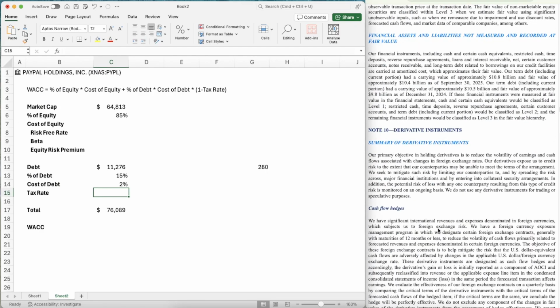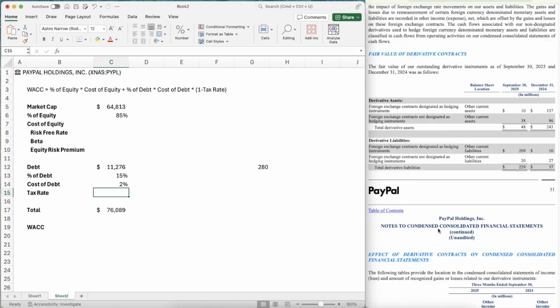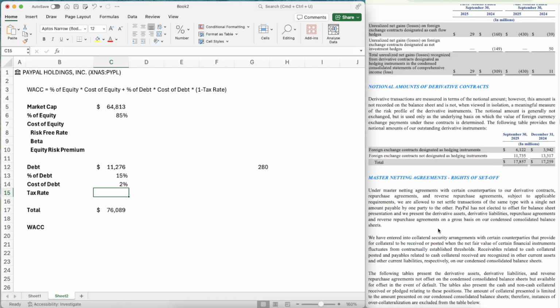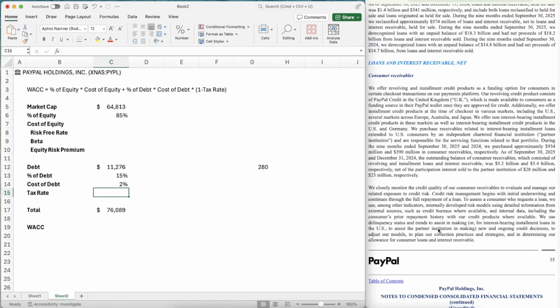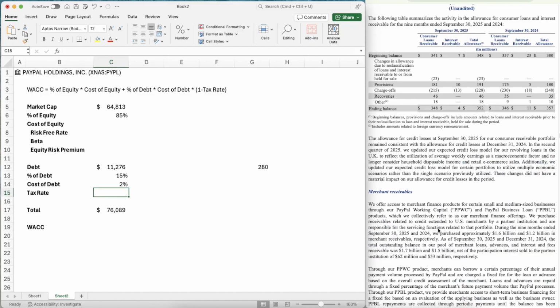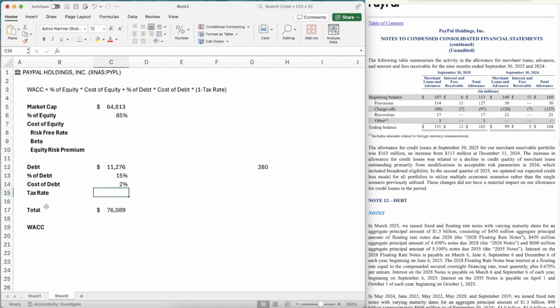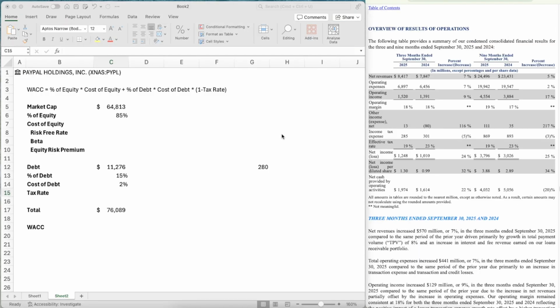Look at income tax. Yeah, found it here. 19%.